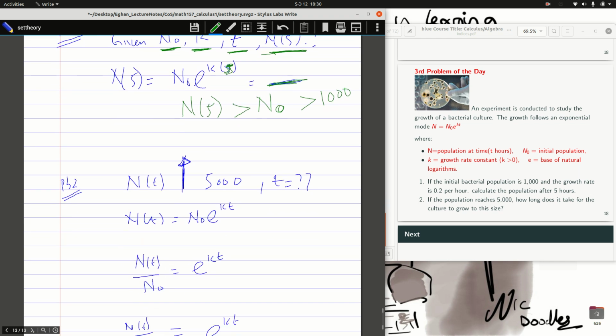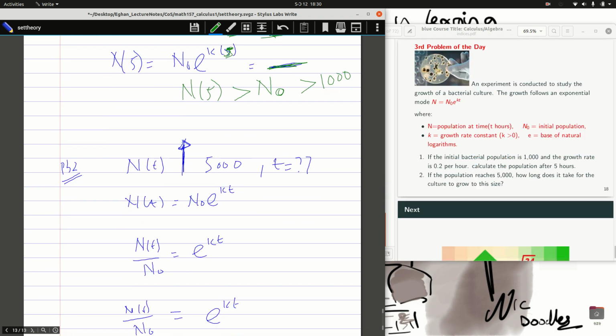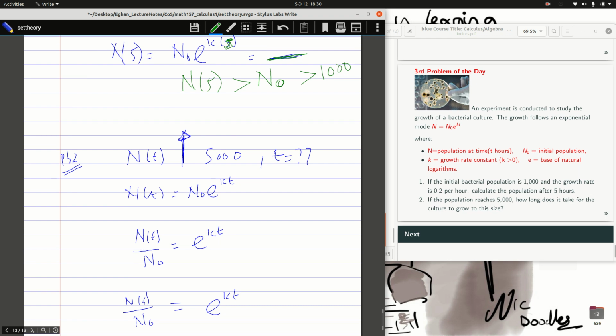The second problem, what are we requested to do? It says if the population reaches 5,000, so now there's an increment in the population. How long did it take to grow to this size? How many hours did it take for the bacteria to grow to 5,000?